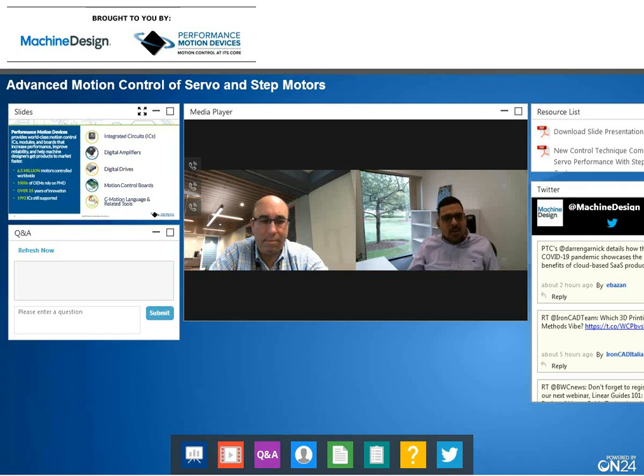So it makes it a lot easier. Like Ty would talk about it, they start off a design with a motion board, and then when the volumes go up, they could transition to ICs or discrete devices. So typically that's what we've seen, where customers tend to stick with PMD because they've already done most of the software work and then transition from product to product.